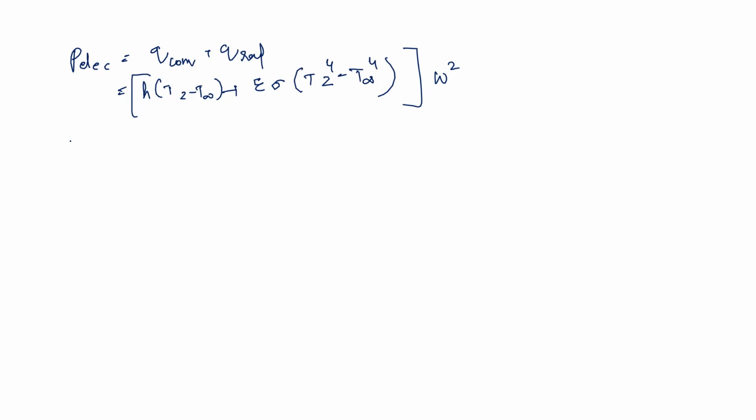So rewriting that, because T2, we know, here it is 100 degrees Celsius. So T2 is 100 degrees Celsius. T infinity is 25 degrees Celsius.